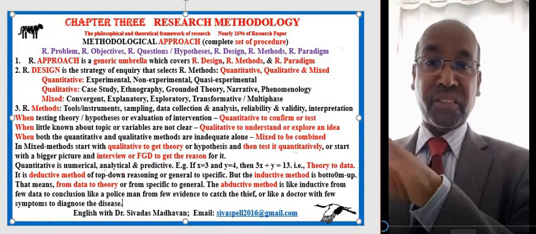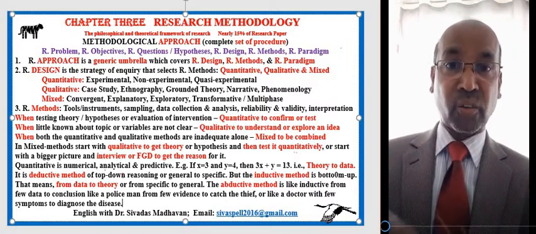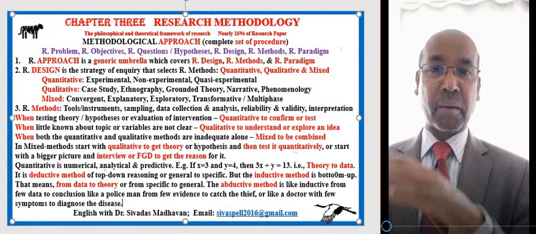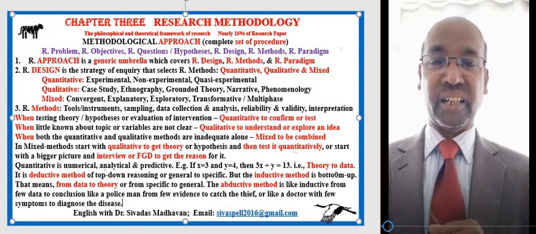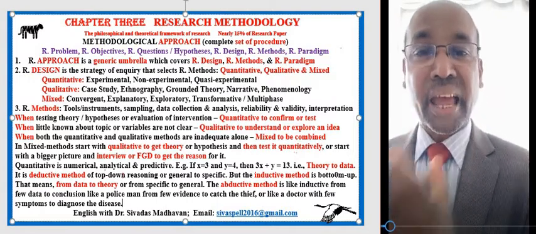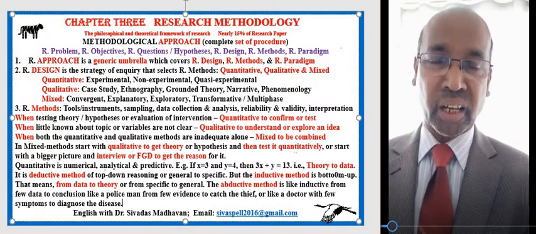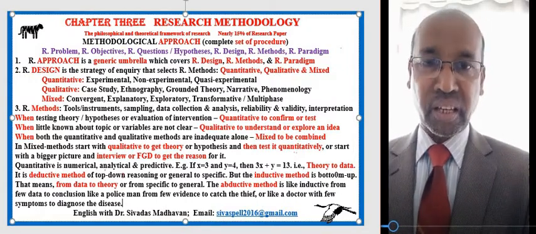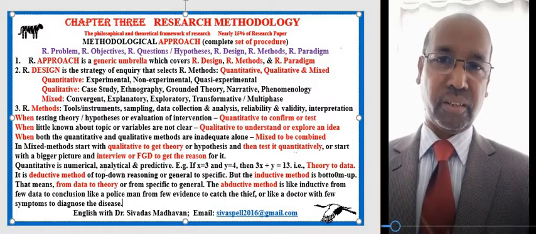So from general to specific, that is the qualitative research. And quantitative research is just the opposite, from specific to general. That means the theory or the idea is known to the researcher, and he tests it or he examines the theory or the hypothesis and comes to a conclusion that it is true or it is not true.